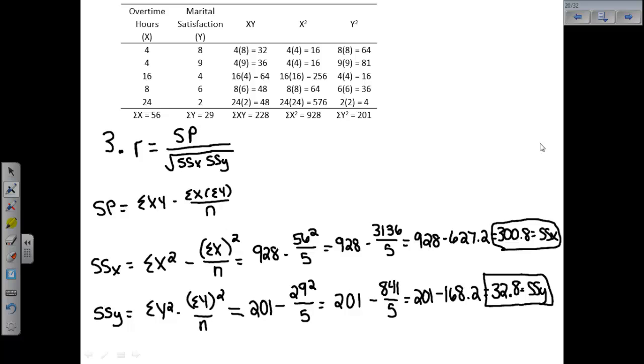Perfect. Sum of products. Sum of xy, 228, minus sum of x, 56, times the sum of y, 29, divided by 5. This becomes 228 minus 56 times 29 is 1,624 divided by 5. This becomes 228 minus 324.8 and you end up with negative 96.8.